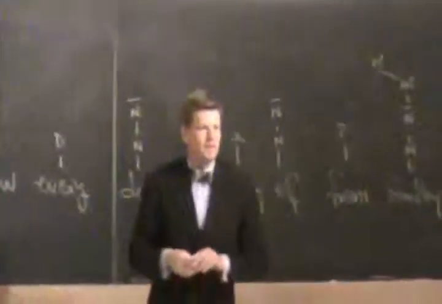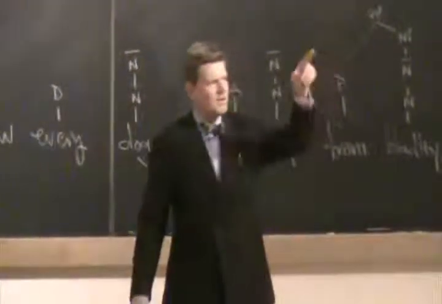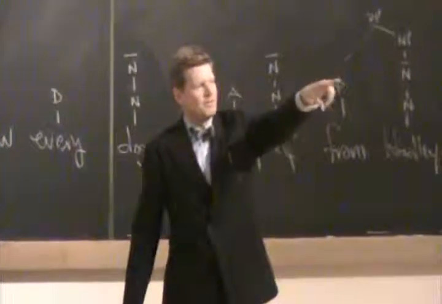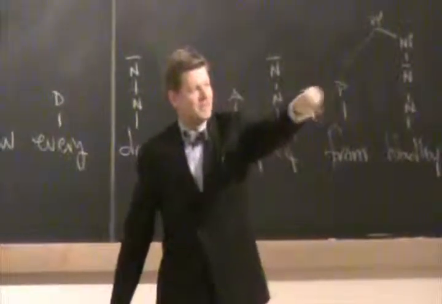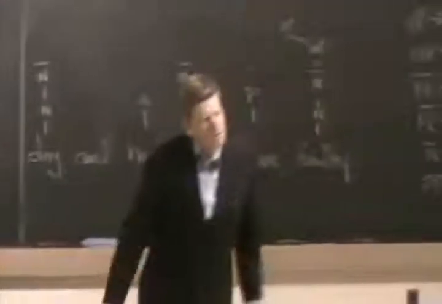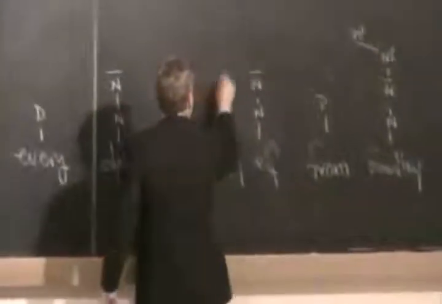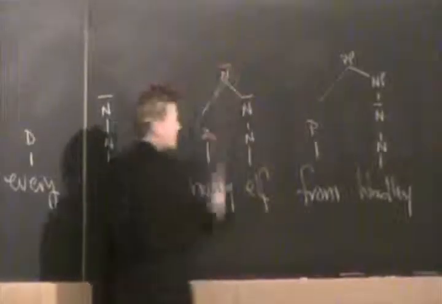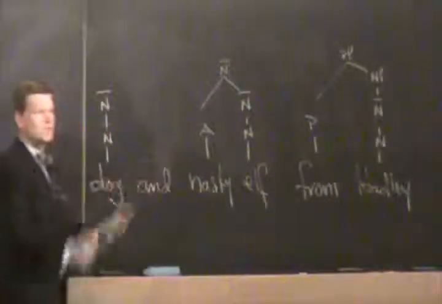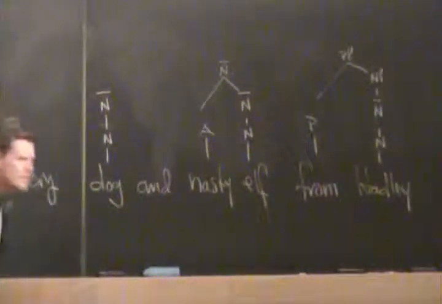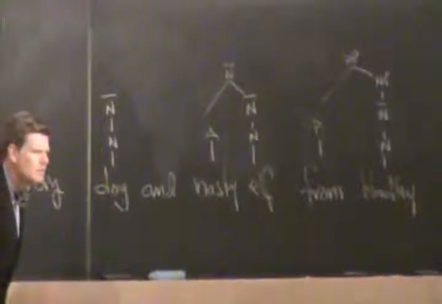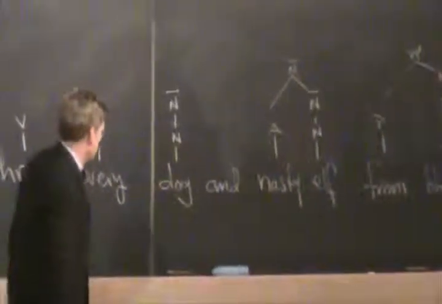Can we find another? Okay. These two can go together first to make an N bar. So same move you made, but just starting with the adjective. And join dog and nasty elf, same thing.